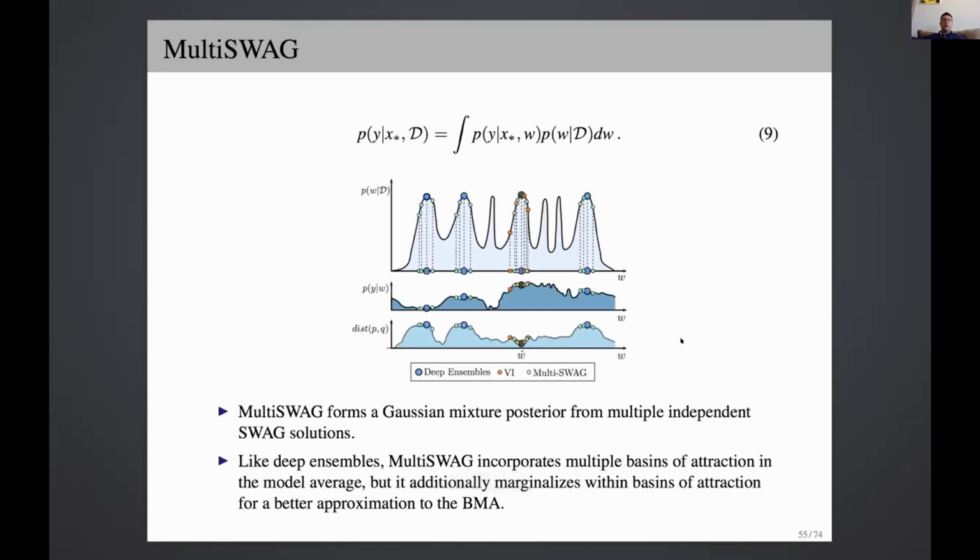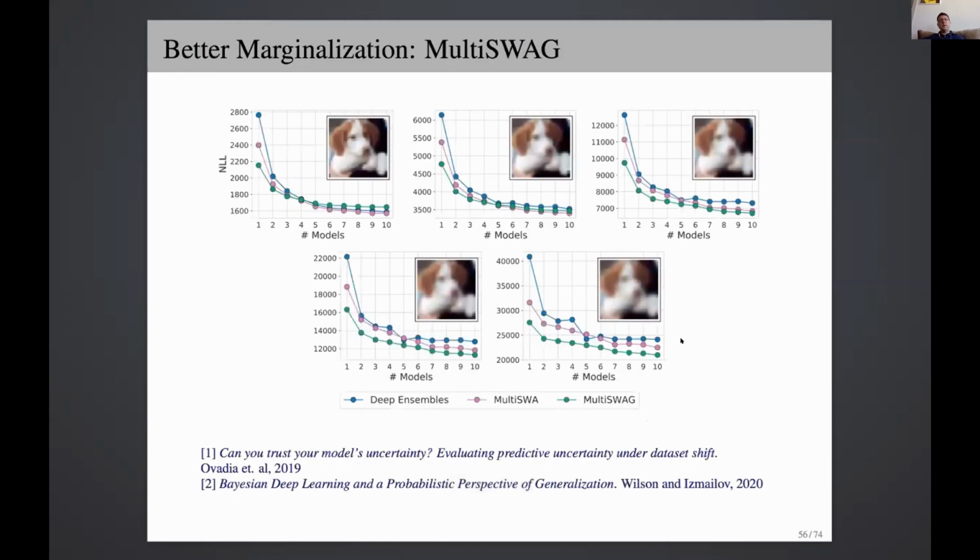Okay, so multi-swag essentially just says, let's use a mixture of Gaussians posterior formed from multiple independent swag solutions. And we can compare that to deep ensembles on a bunch of different data sets. Here we're considering corrupted CIFAR data sets, so you may have heard of the CIFAR10-C data set and so on.